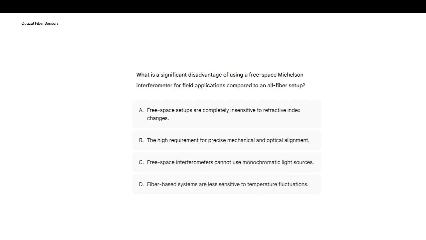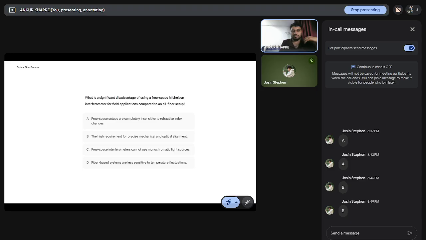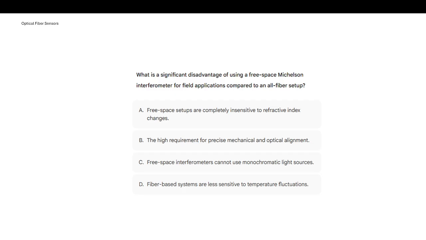So why are you not talking about option C? Free space interferometers cannot use monochromatic light source. Will it use or not? So option A, obviously it is incorrect.